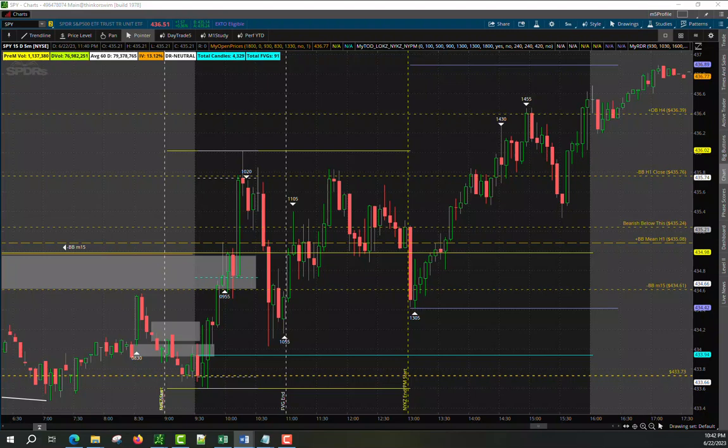Right, we put it in our journal, let's say it's a breaker, fair value gap, retest, and order block, fair value gap, retest, overlap. It's on the 5-minute time frame.